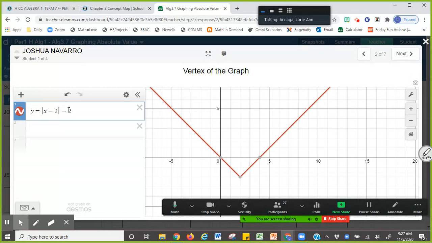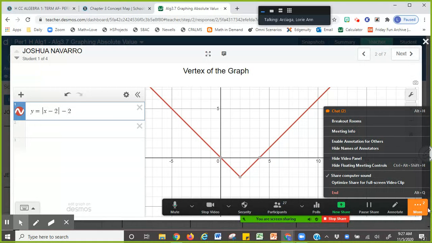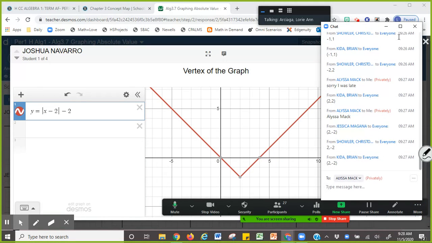What happened to your graph? Where's your vertex now? Okay, Chris said 2, -2. That's awesome. 2, -2. And Brian also said 2, -2.